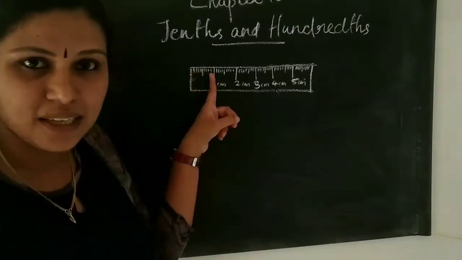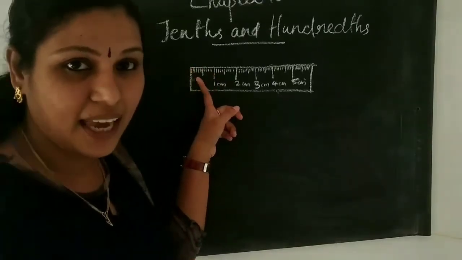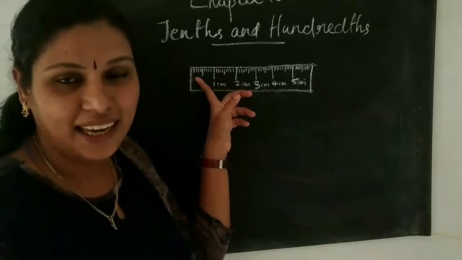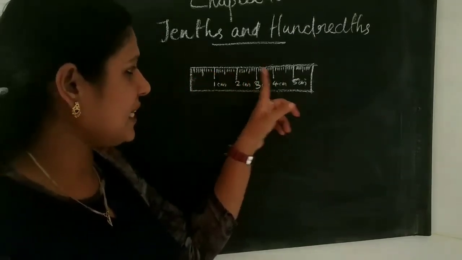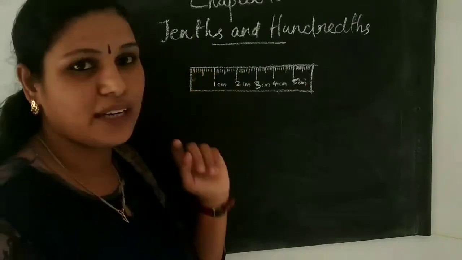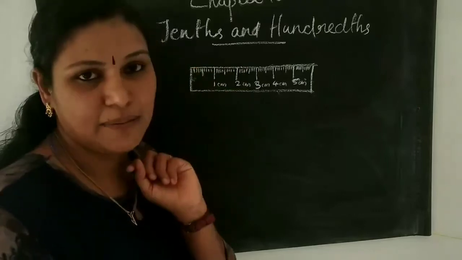Can you see this? Okay, in your box, there is a scale. You just take that scale. In 1 centimeter, between the centimeter marks, you can see a smaller line. That is each part of this centimeter.